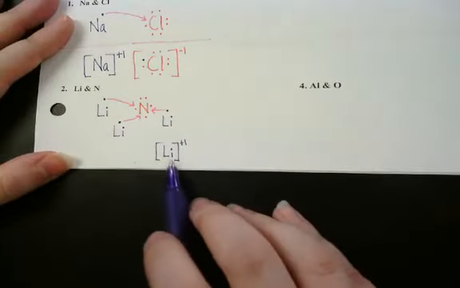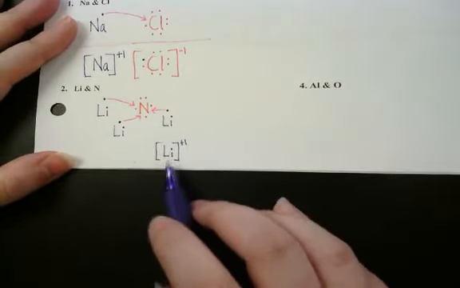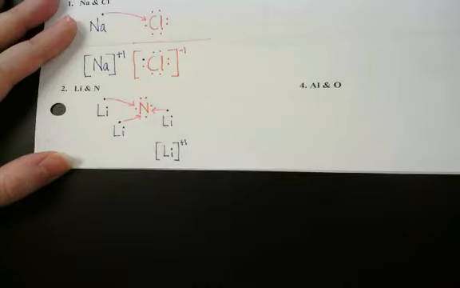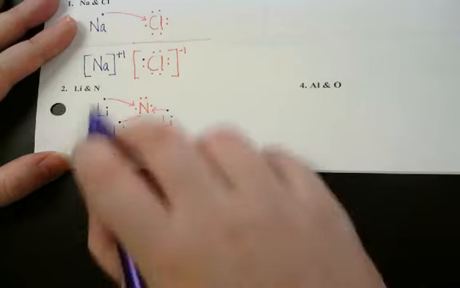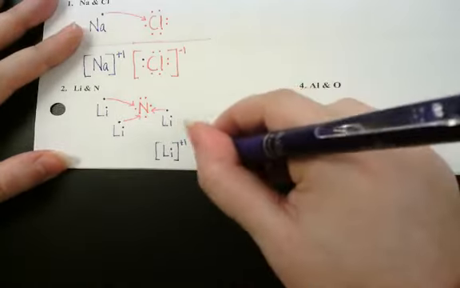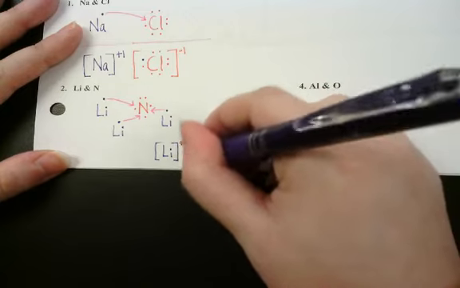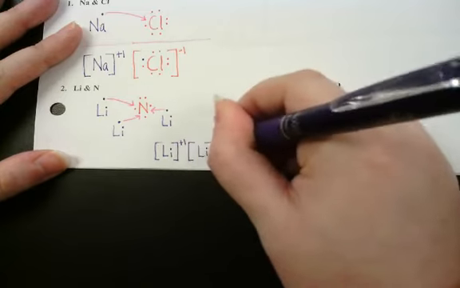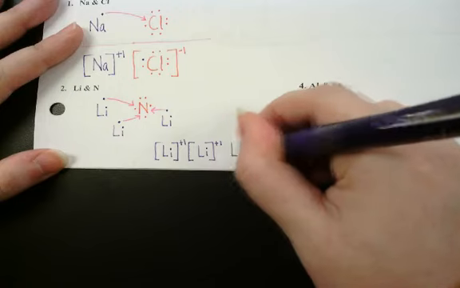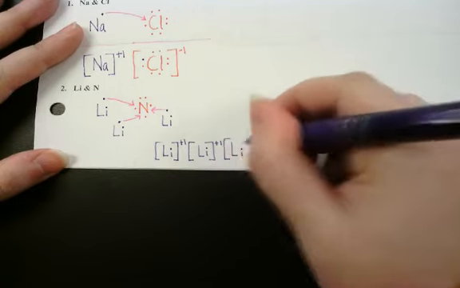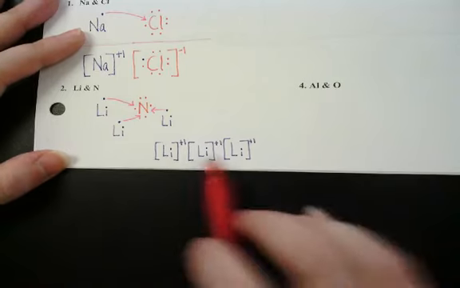So how many of these guys should we have? 3. We need to draw this guy for each lithium that we have here. So we can go ahead and just do that 3 more times, or 2 more times if you want. Nope, you got to draw each of them out. Okay, so each one of these should look exactly the same.